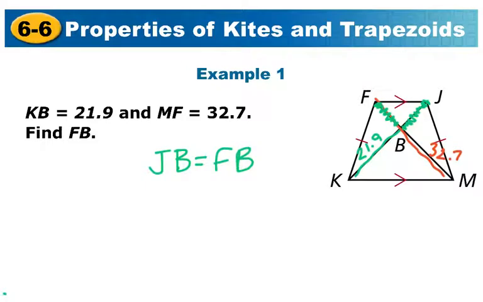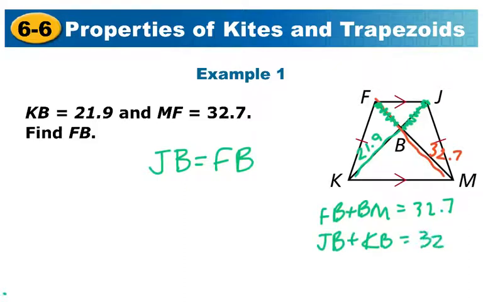Got an isosceles trapezoid, and the entirety of FM is 32.7. So kind of doing some proof work here. FB plus BM equals 32.7. And then if FB equals JB, we've got JB plus KB is going to have to equal 32.7.